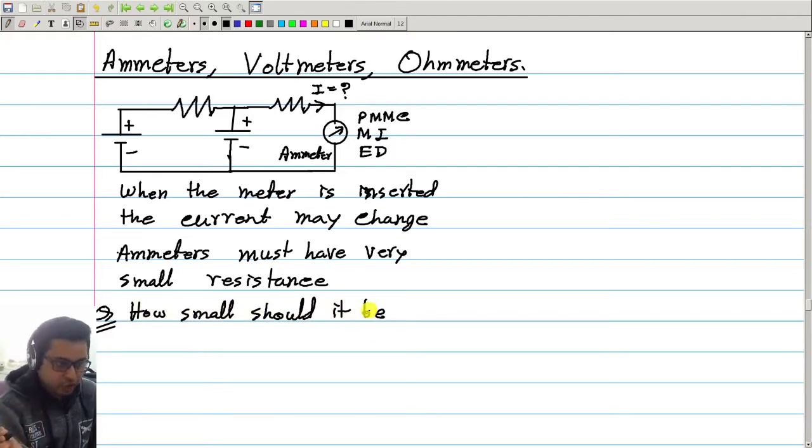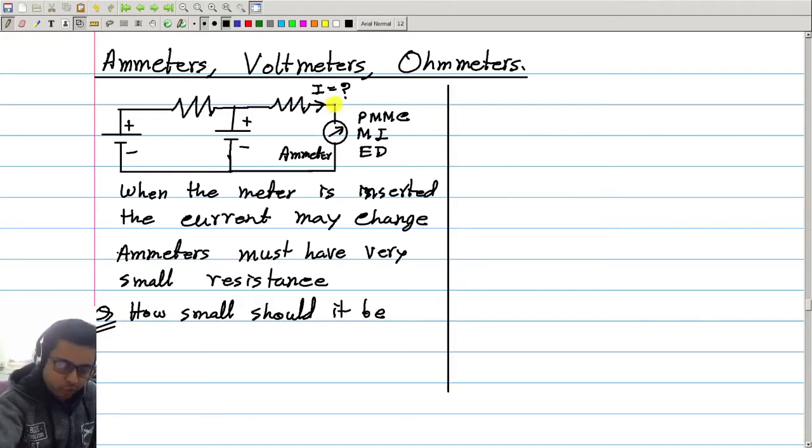Should it be smaller than 1 ohm, 1 milliohm, 1 microohm, 1 kiloohm? What do we mean by the resistance should be small? Okay, to answer this question, we will use Norton's theorem.